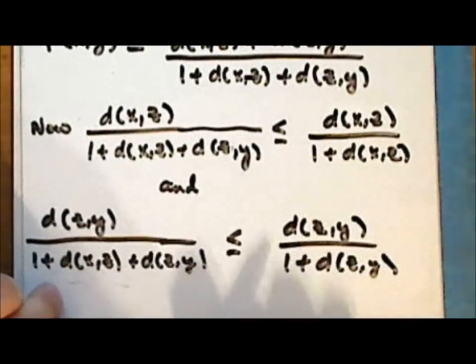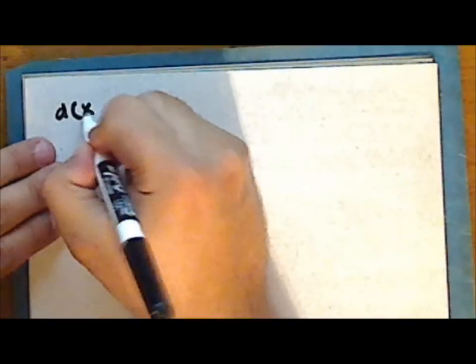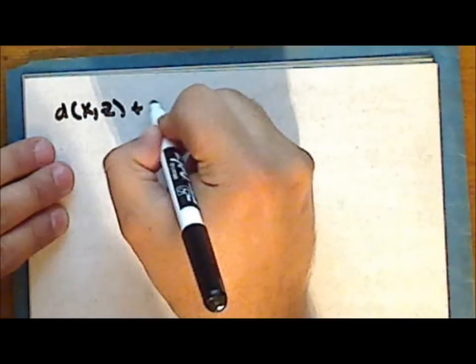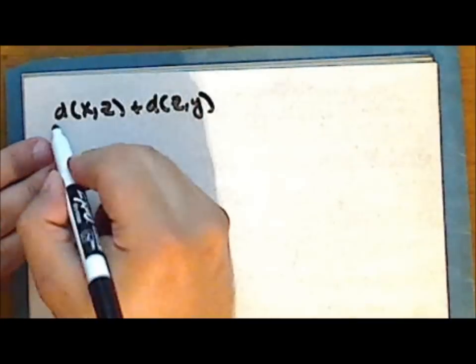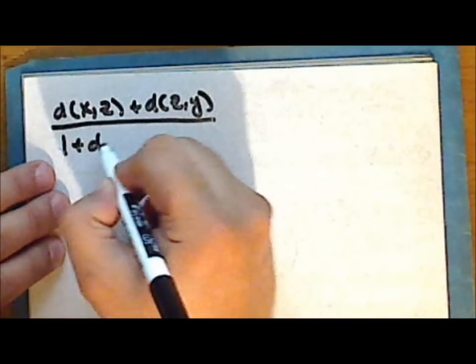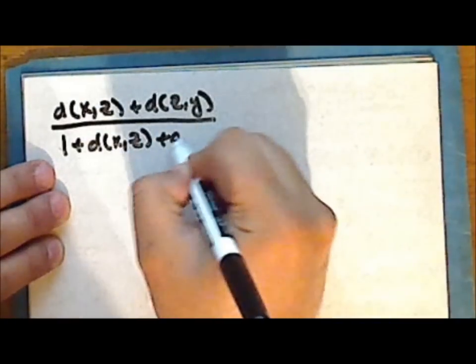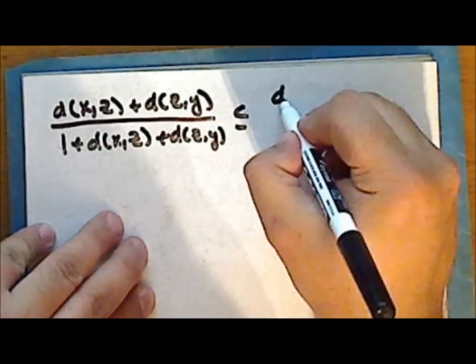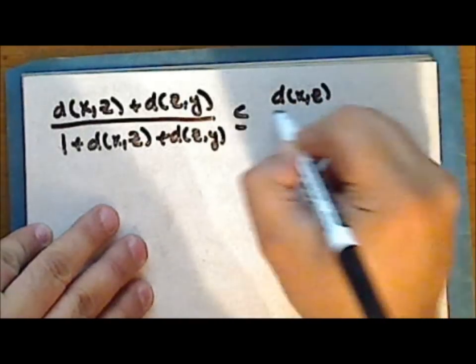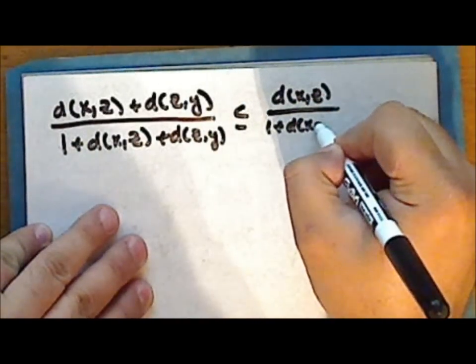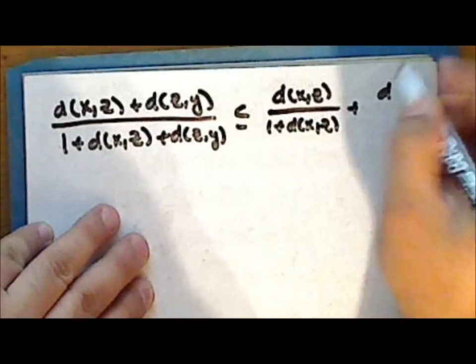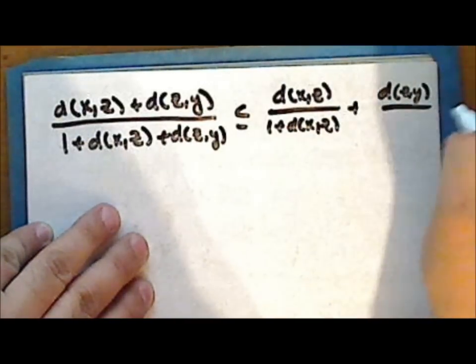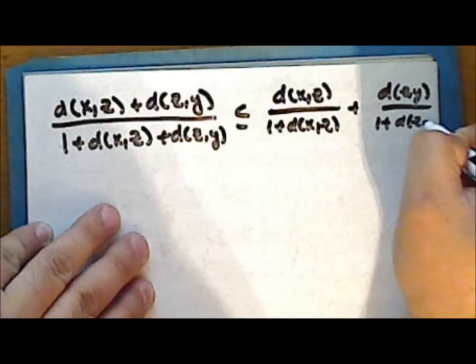So if we take the sum, we have that the distance from x to z plus the distance from z to y over 1 plus the distance from x to z plus the distance from z to y is less than or equal to the distance from x to z over 1 plus the distance from x to z, plus the distance from z to y over 1 plus the distance from z to y.